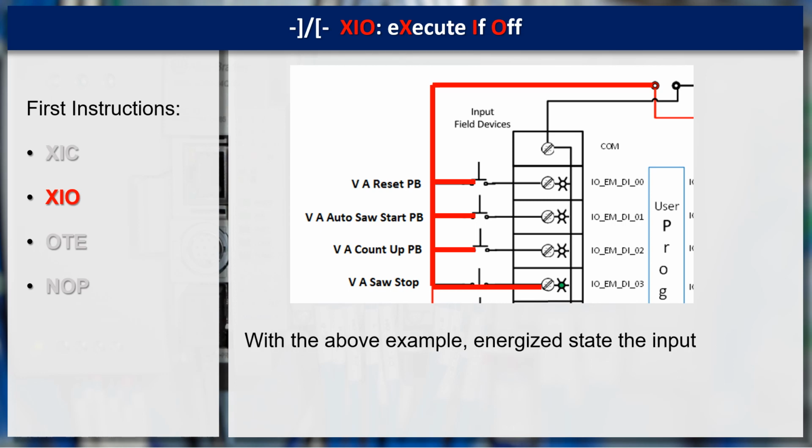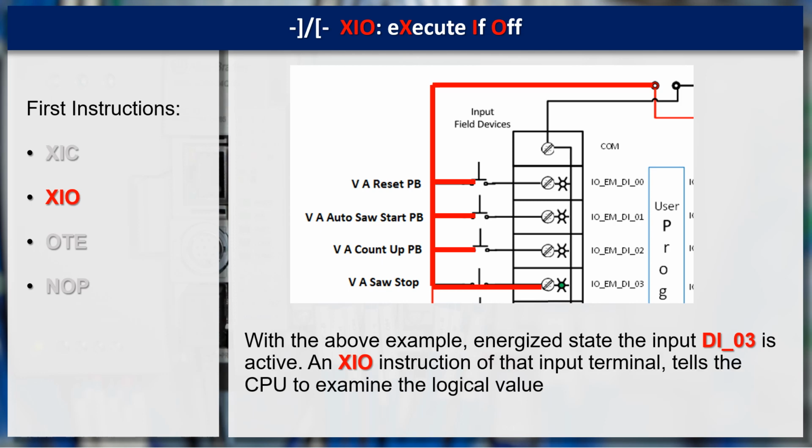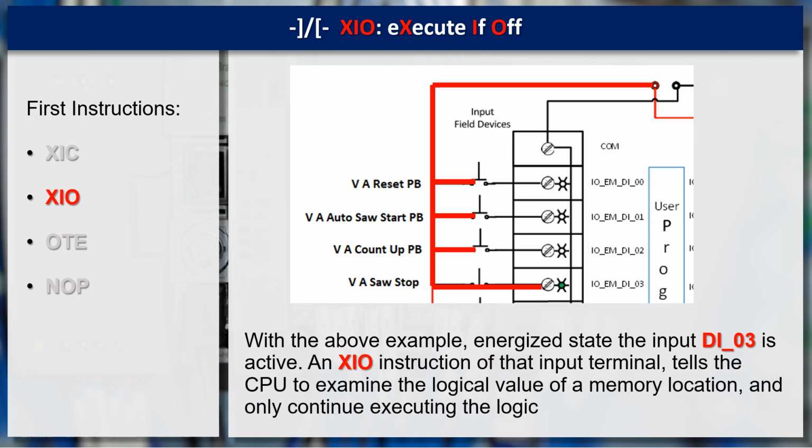With the above example, the energized state of input DI03 is active. An XIO instruction of that input terminal tells the CPU to examine the logical value of a memory location and only continue executing the logic if the location is off.